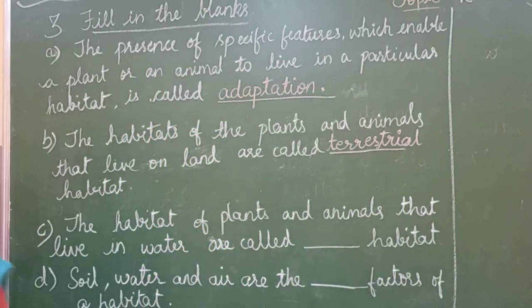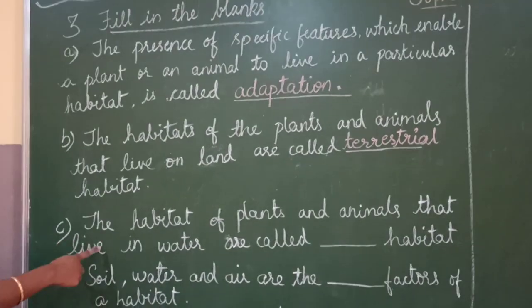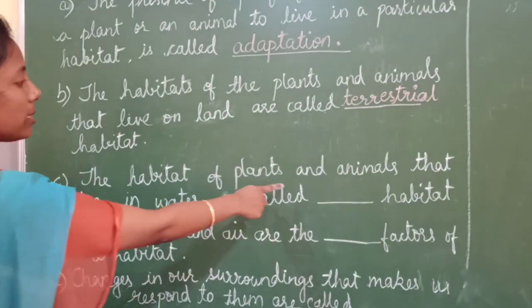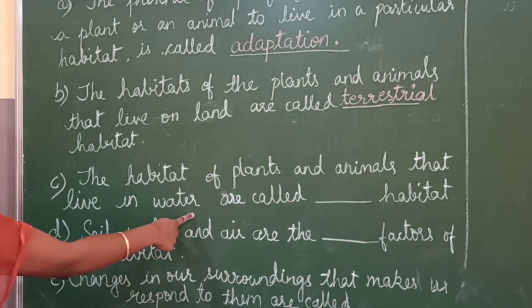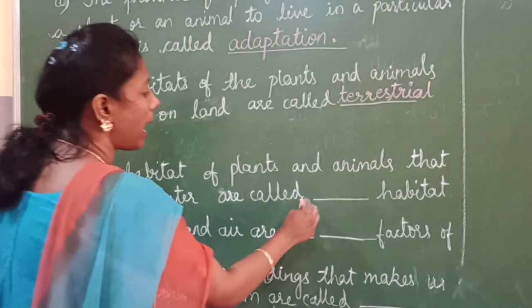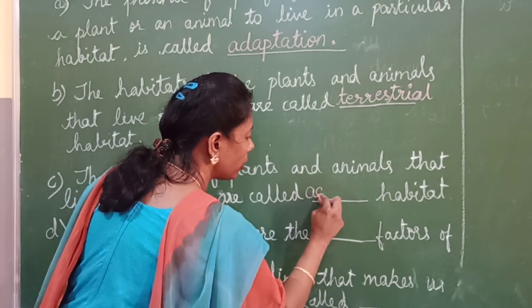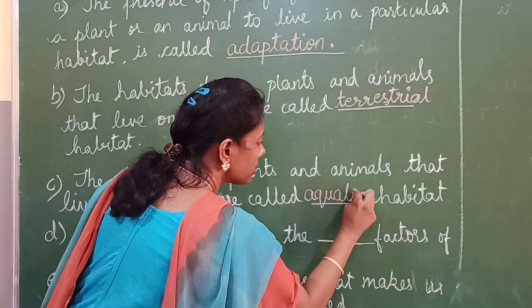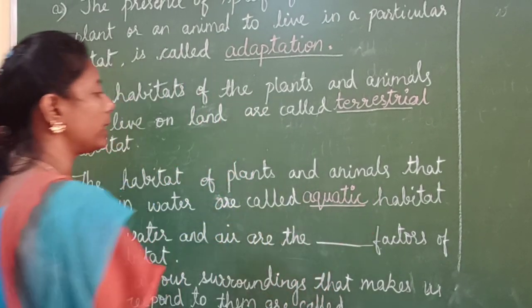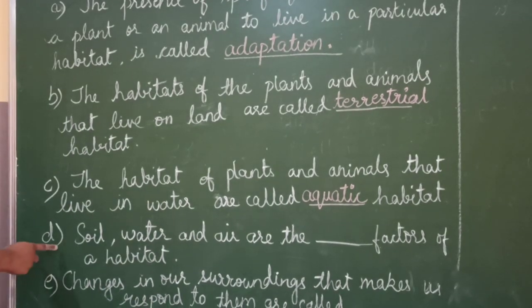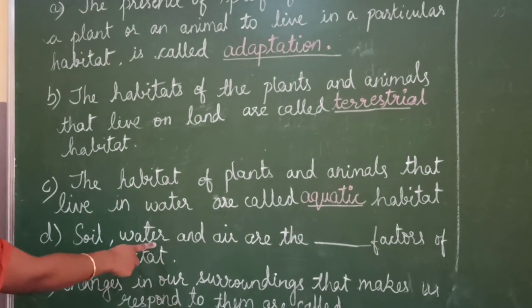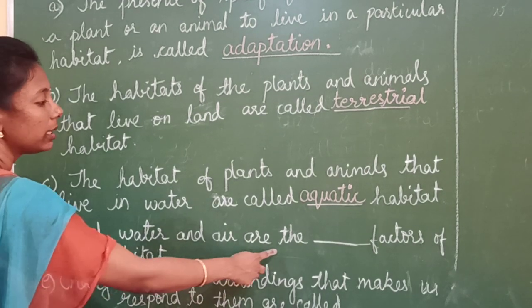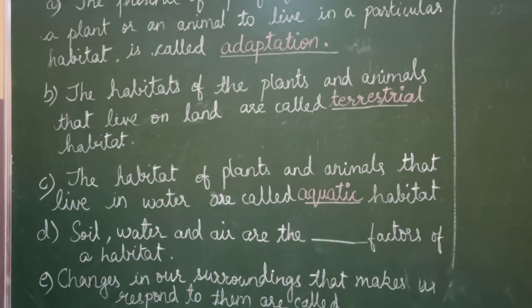C. The habitat of plants and animals that live in water is called aquatic habitat.